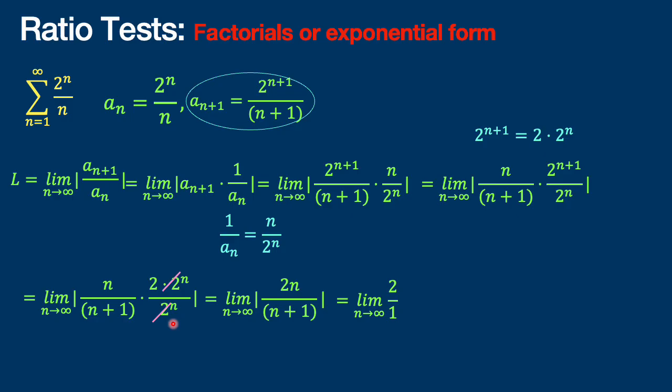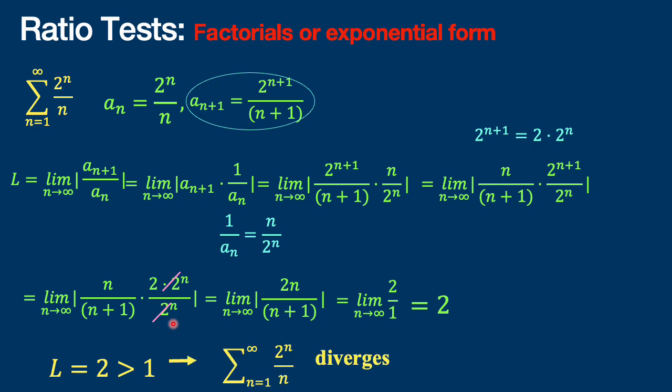The derivative of n plus 1 is 1. So you find the limit of this ratio, and that's going to be 2. What does the ratio test say? L is going to be greater than 1 because the L value is 2. This series is going to diverge.